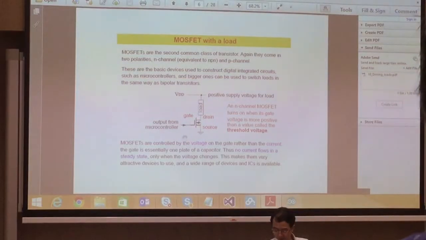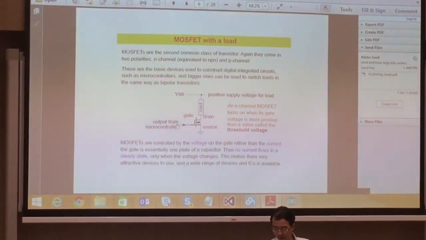But can anyone tell me what is the current at the gate terminal for MOSFET transistors? Is there any current here? Yeah. Okay, so for MOSFET transistors, the gate actually doesn't have any current.